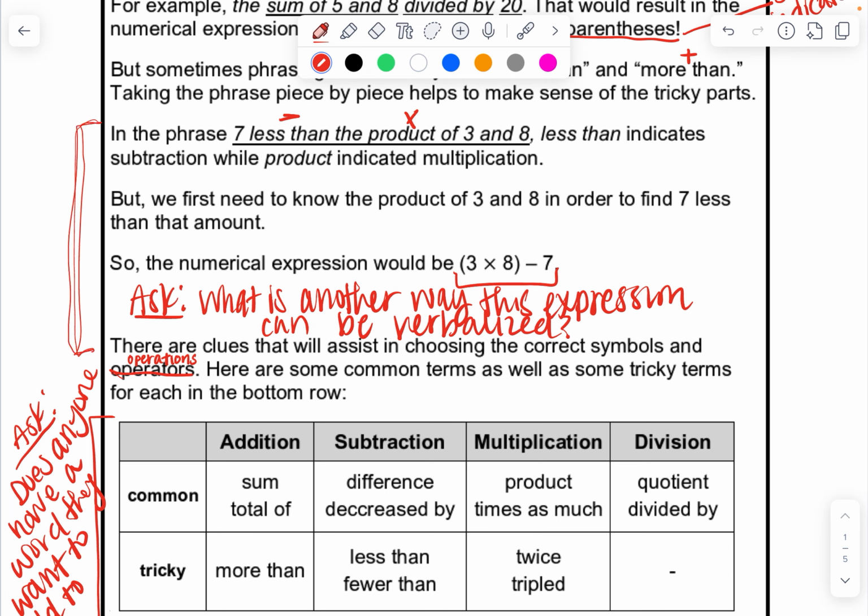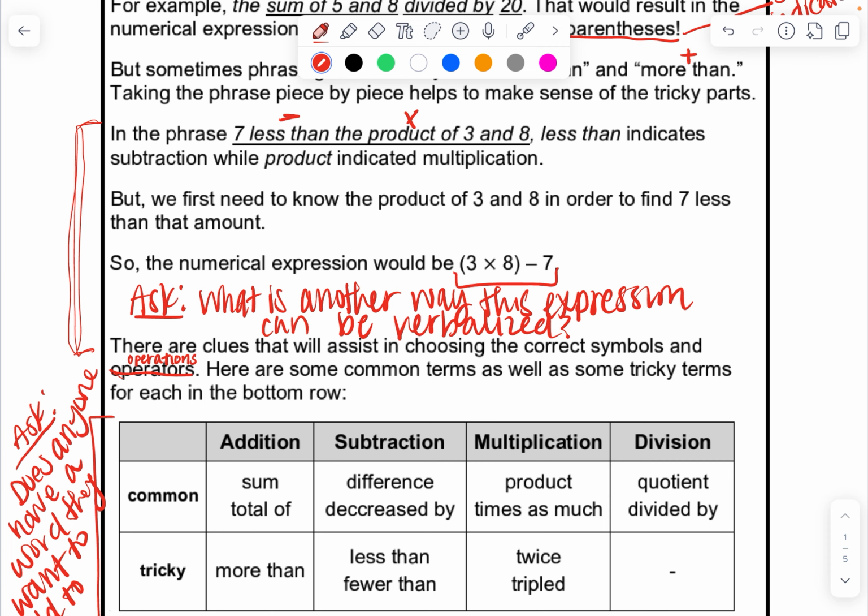So it says, in the phrase 7 less than the product of 3 and 8, the words less than indicate subtraction, while product indicates multiplication. But first we need to know the product of 3 and 8 in order to find 7 less than that amount. So the numerical expression would be 3 times 8 minus 7, right?